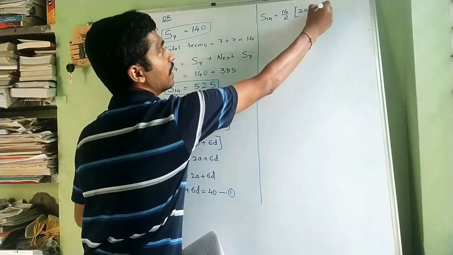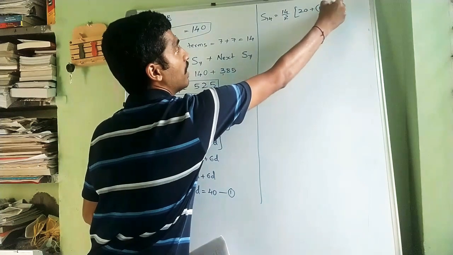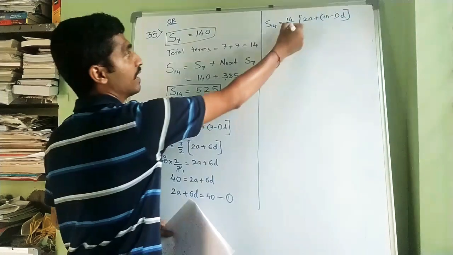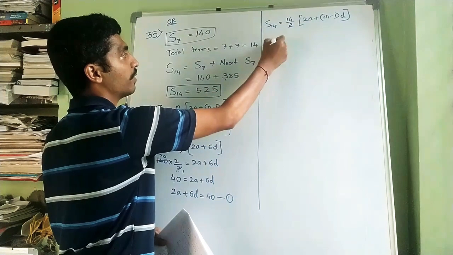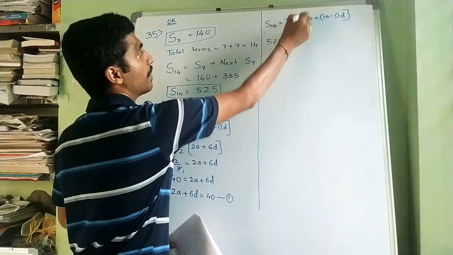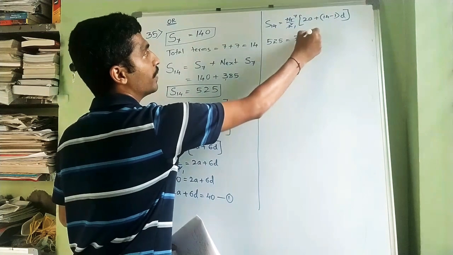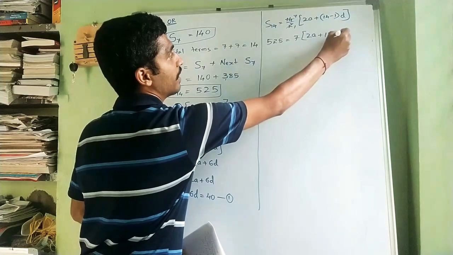So S14 equal to n by 2, that is 14 by 2, 2a plus n, n means 14 minus 1 into d, and that is S14, that is how much? 525 equal to 2 ones are 2, 2 sevens are 7 into 2a plus 14 minus 1, 13d.